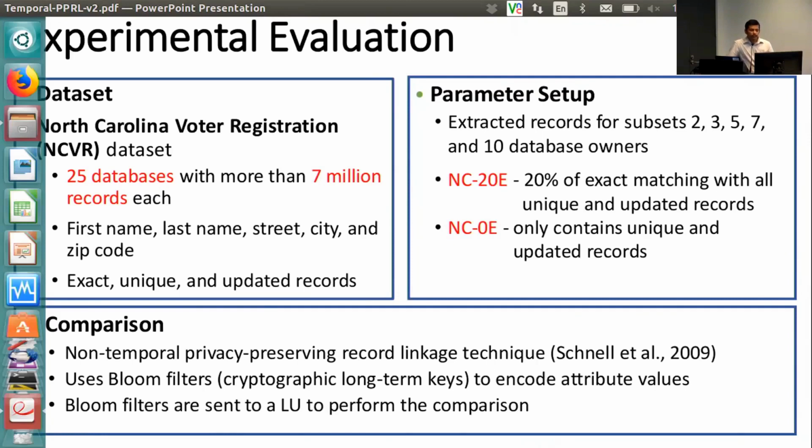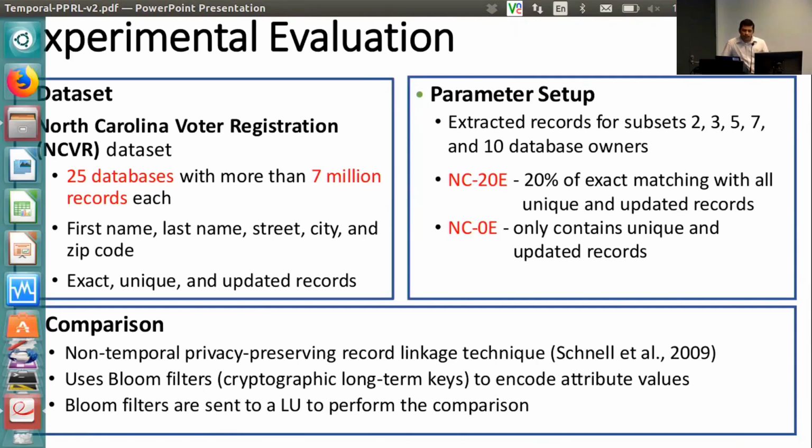Based on this dataset, we extracted subsets of 2 to 10 databases, and we extracted subsets for 2 variations, where the first variation contains 20% of exact matching records, while in the other one we only kept unique and updated records.